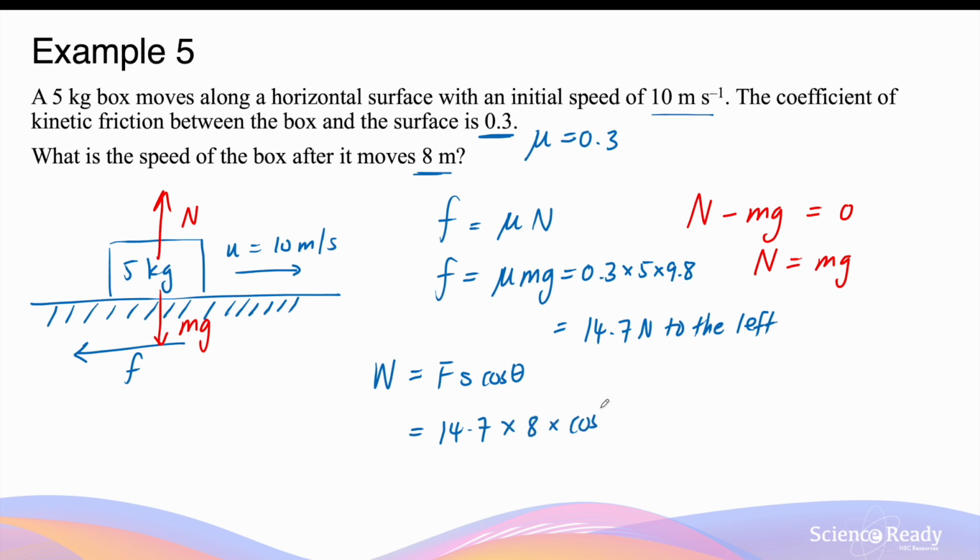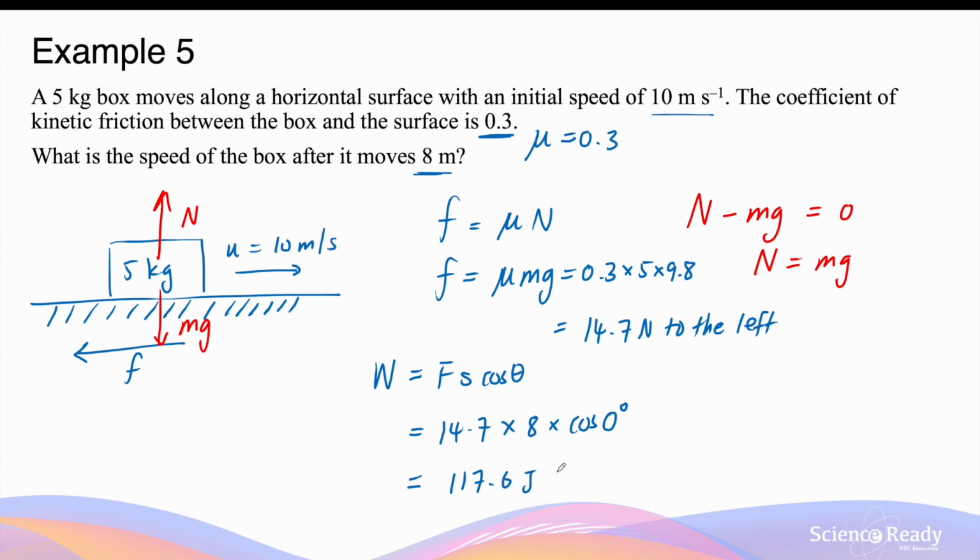And cosine theta here is actually 0 degrees because the force vector of friction is also horizontal, which is parallel to the initial velocity as well as the displacement of the box, which is towards the right. So here cosine 0 gives a value of 1, which means the work that's done by friction against the motion of the box is 117.6 joules.